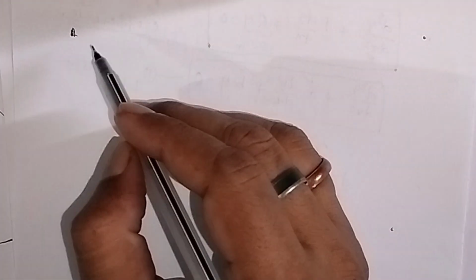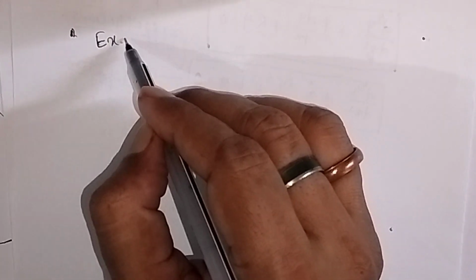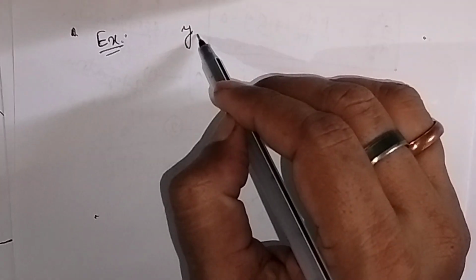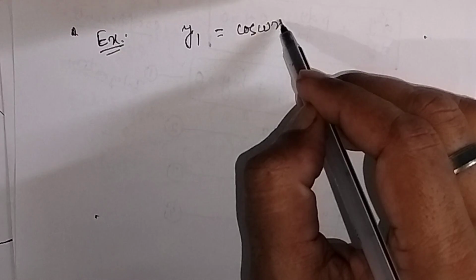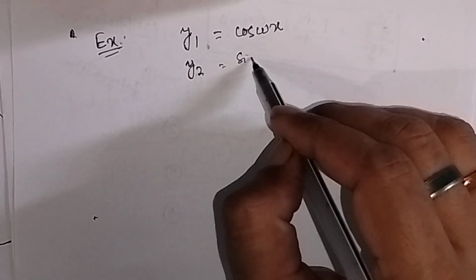Let us work out a problem. Suppose you are given two solutions of a differential equation. The first solution is y1 equals cos omega x, and the other solution y2 equals sin omega x.